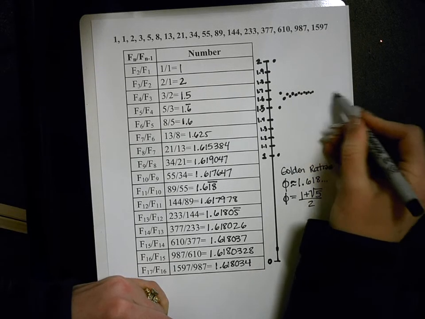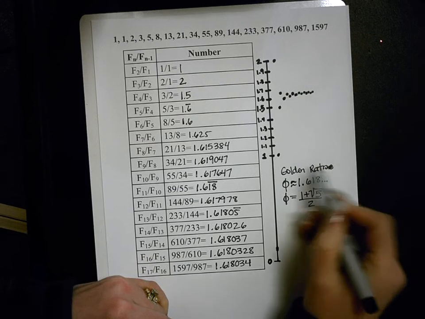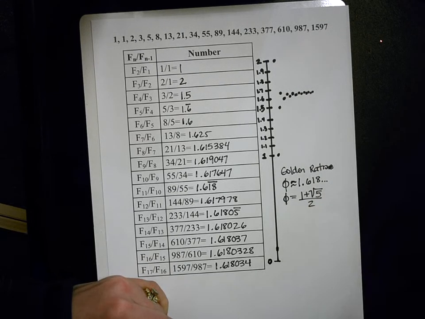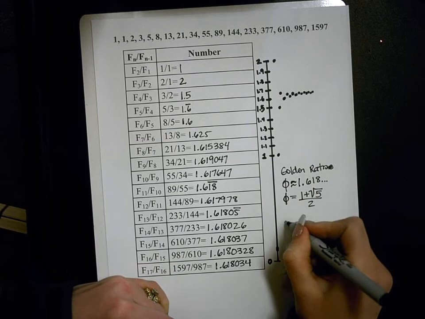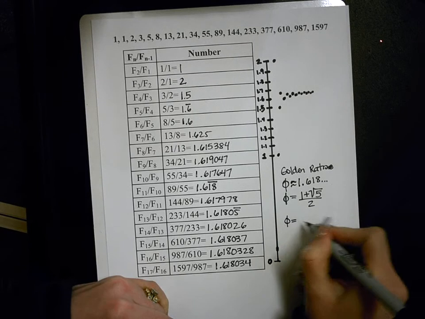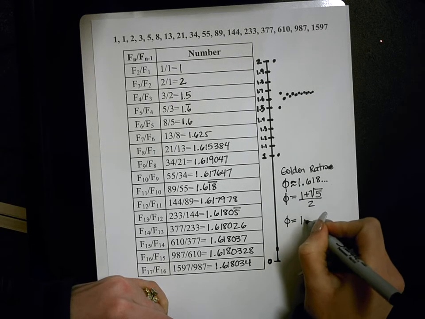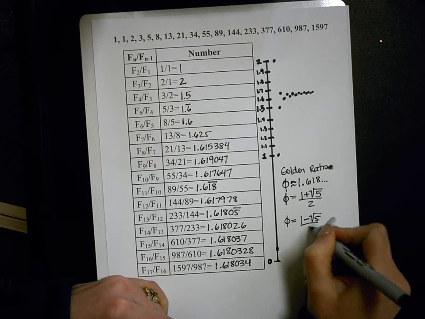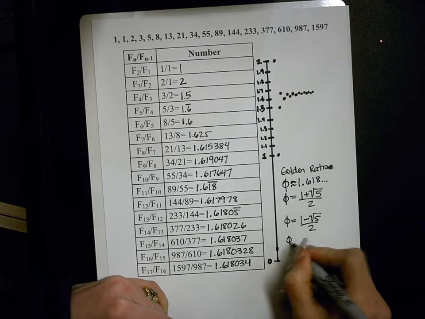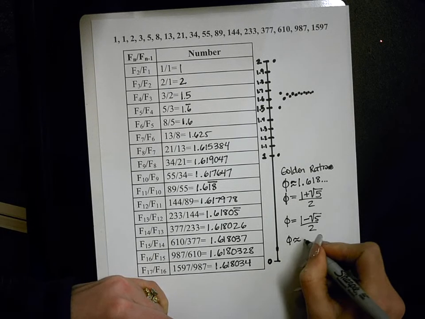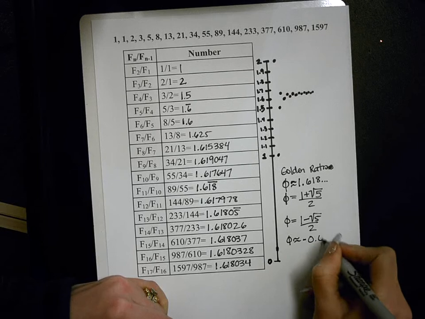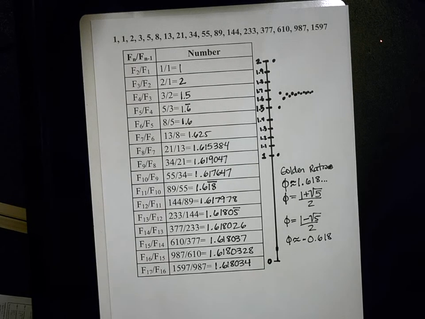So the golden ratio is 1.618, but it also has another way of denoting itself: if we do the same numbers, but we have 1 minus the square root of 5 over 2, we can say that it's approximately equal to negative 0.618. So this is the golden ratio, and the golden ratio shows up in a lot of different places within nature and modern technology and things like that.